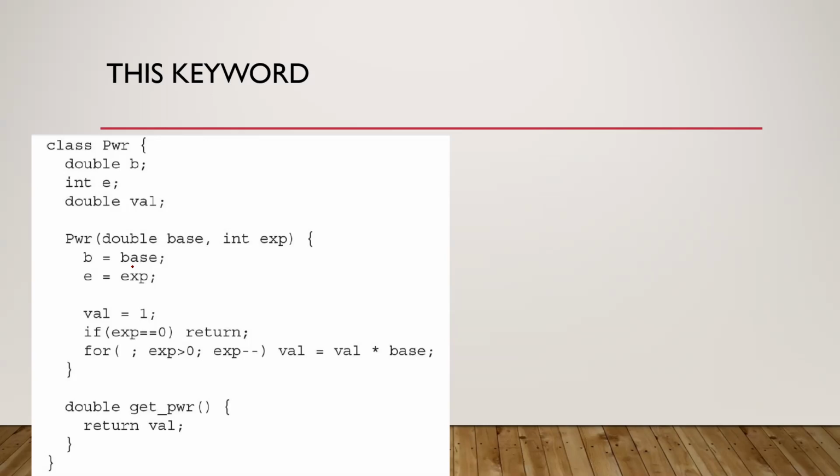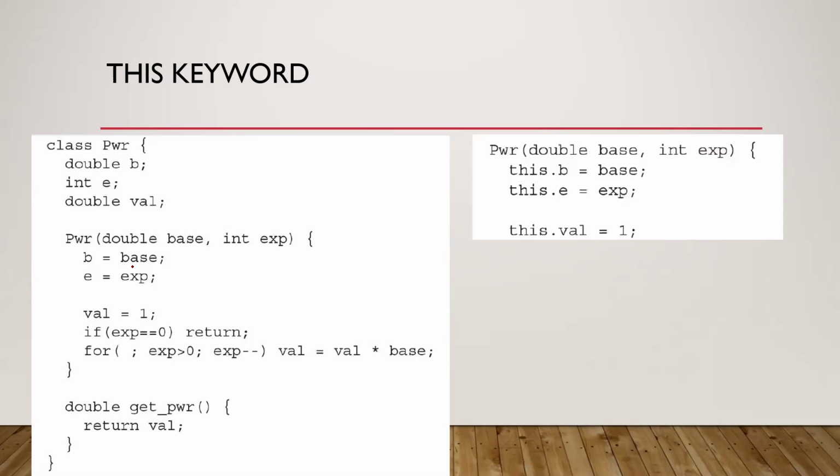So that is what is happening, but that is not what we are focusing on. And then you have something like double getPower, which will return the value. What you can also do, please understand this very carefully, is that while you are assigning this B and E, somehow it is implicitly understood that these belong to the instance on which we are operating.